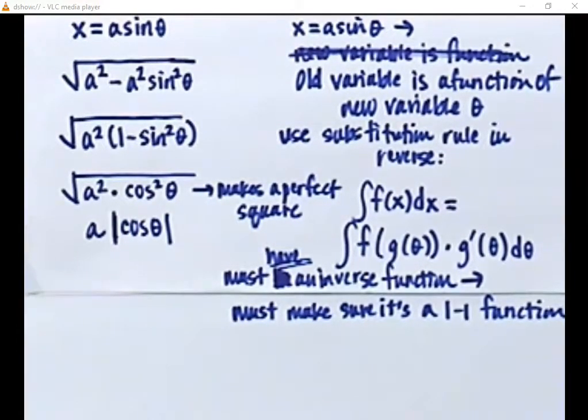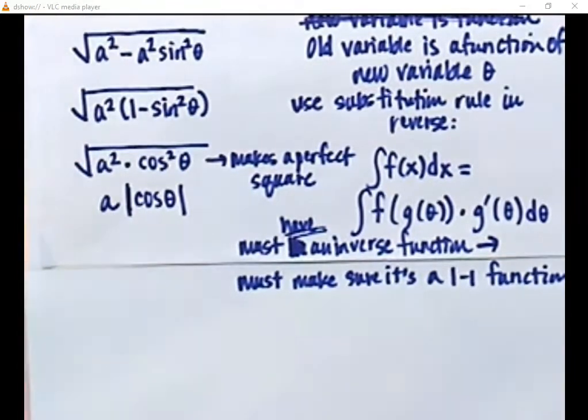Not everything starts out as a one-to-one function, but you can always create one by limiting its domain. If you only take a certain part of it, usually you can make sure that it has an inverse. So remember, an inverse means you can switch the x and y, and it's still a function. So we just have to be a bit careful about that.